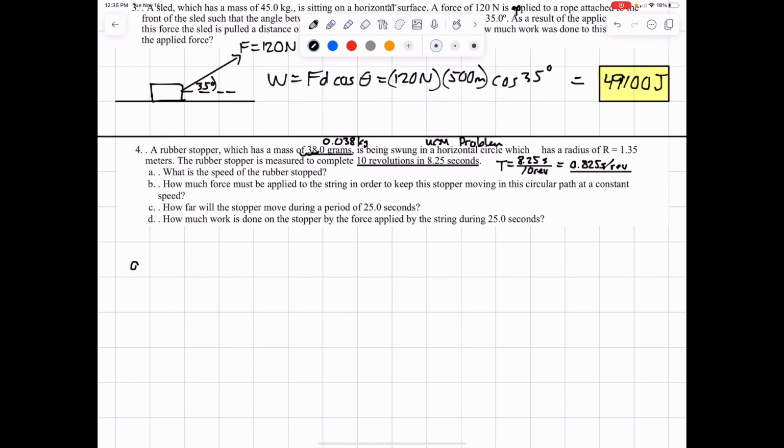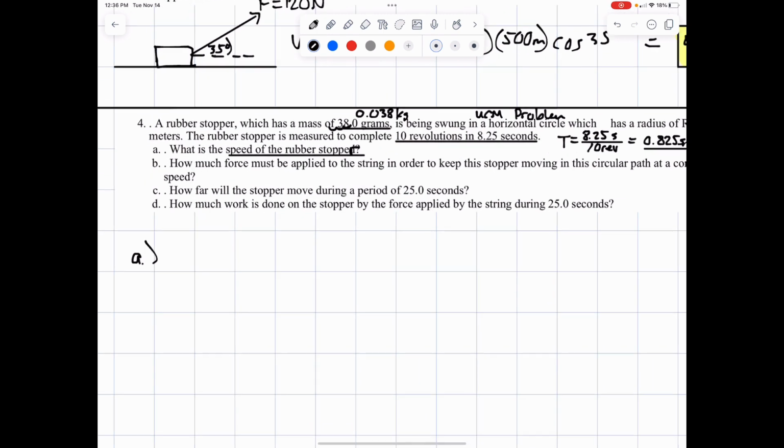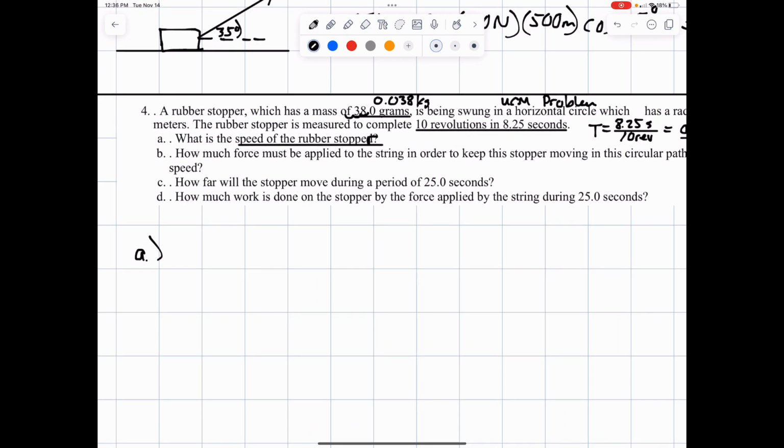So in part A, we are looking for the speed of the rubber stopper. That should be rubber stopper, not stopped. A lot of typos here. And we can find that speed by taking the circumference of the circular path divided by the period.